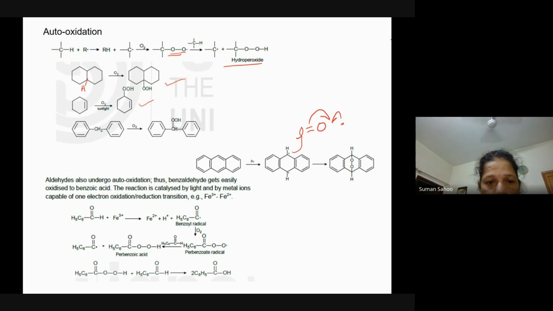Okay, so aldehydes also, mostly benzaldehyde, get easily oxidized to benzoic acid. So when in the laboratory we say you have to do the tests, like first you do the acidic test, then you do the tests stepwise.